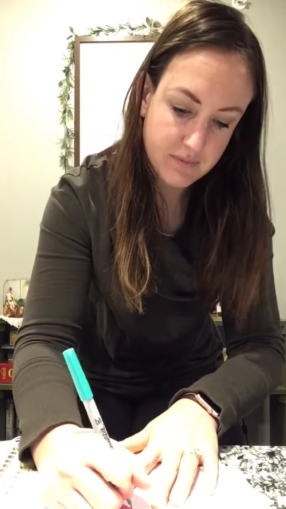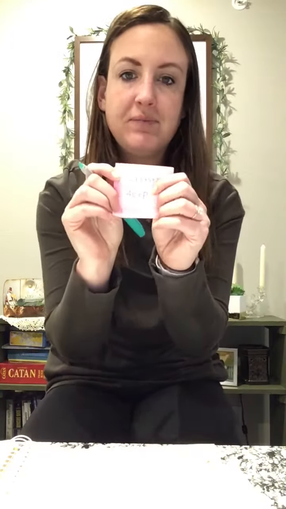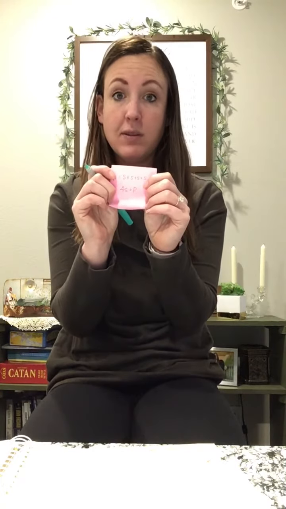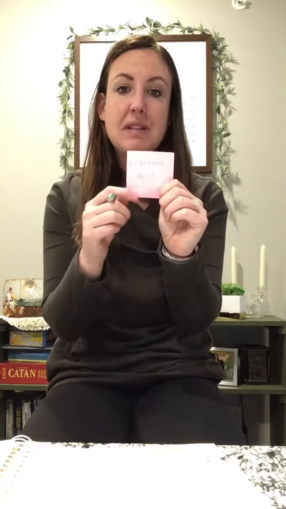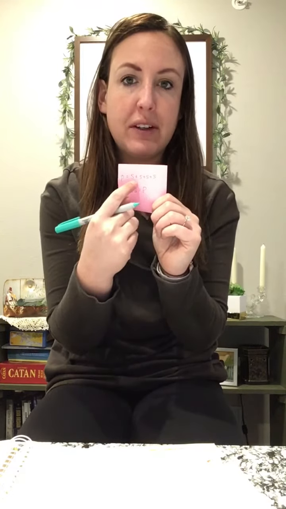Or you could have done 4S equals, or 4 times S equals P. So this is what we're doing today. When I ask you to make an algebraic expression, it's where we use our variables and our information to write an expression.